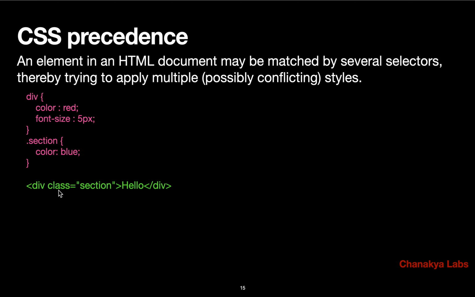Let's say this div element is targeted by div, and also by .section, because its class is equal to section. But you see that both are setting conflicting rules on color. This is setting color red, this is setting color blue. So which one will finally be applied? Obviously the one which comes at the end, which we discussed earlier also.